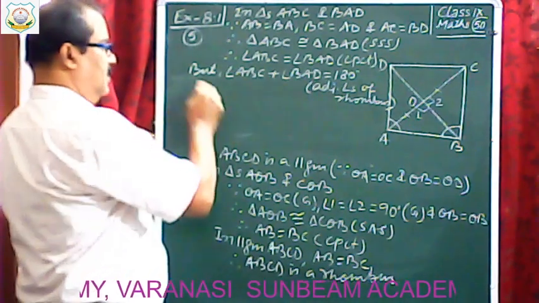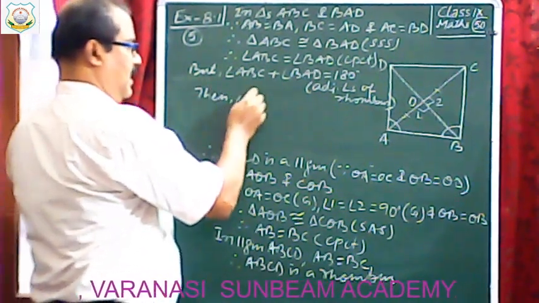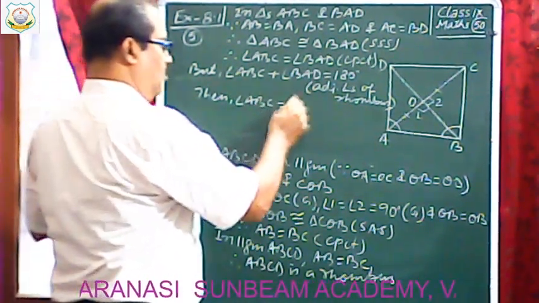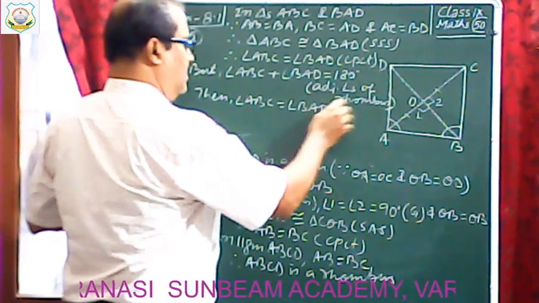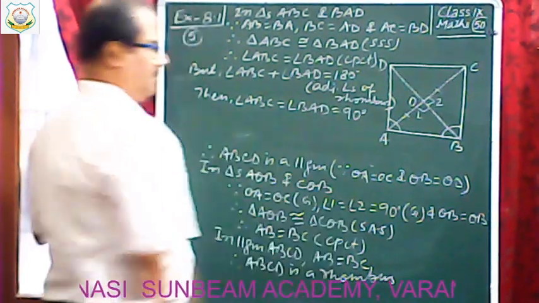So then angle ABC equal to angle BAD equal to 90 degree.